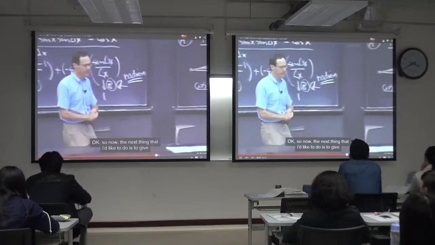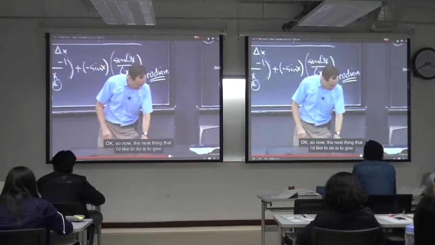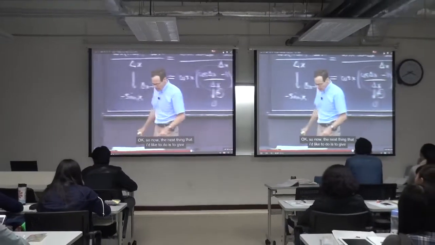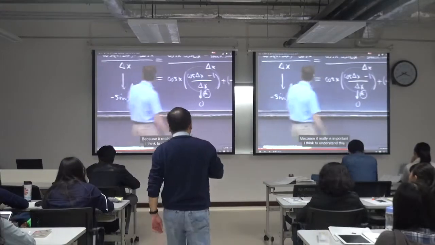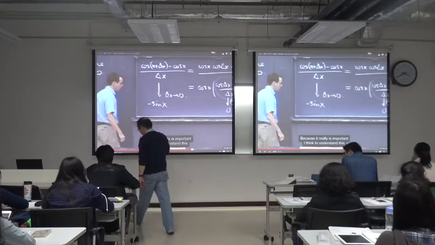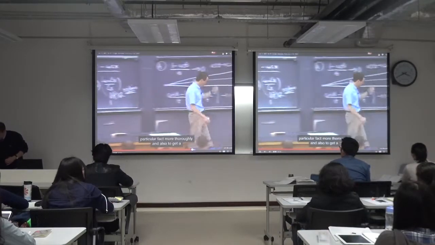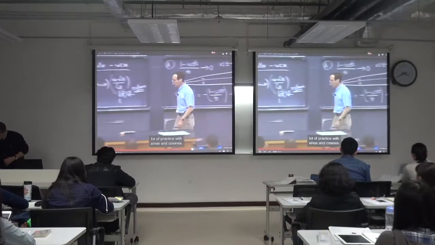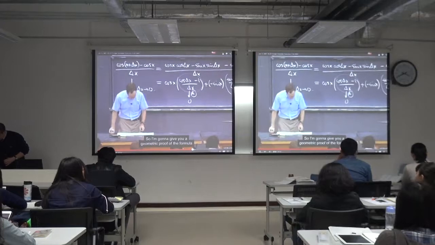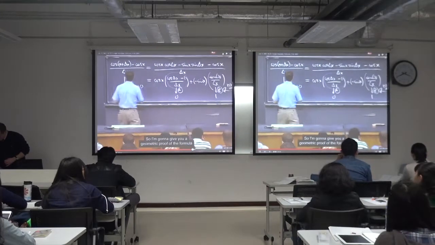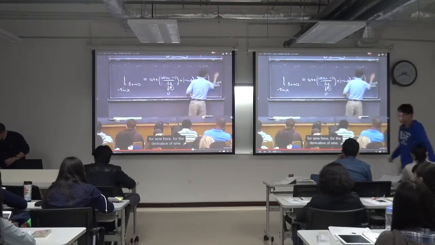So now, the next thing that I'd like to do is to give you a second proof, because I think it really is important to understand this particular fact more thoroughly, and also to get a lot of practice with sines and cosines. So I'm going to give you a geometric proof of the formula of the derivatives.